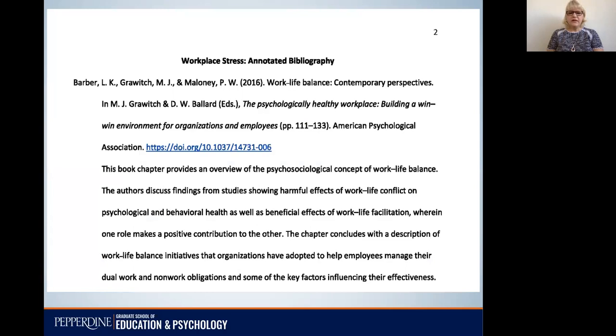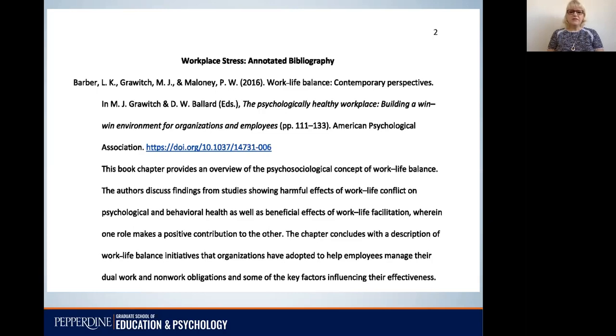And I wanted to highlight a couple of things here. First of all, the name of this assignment, Annotated Bibliography, as you may guess, a bibliography is a list of references, okay? The annotated part of it is that you can see that word note in that term.